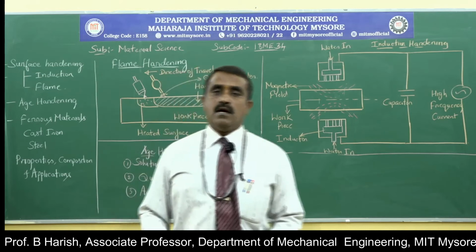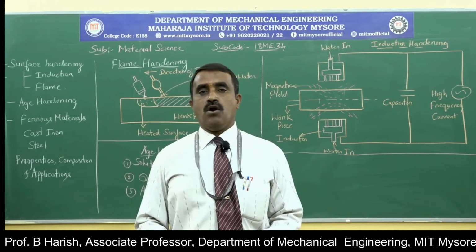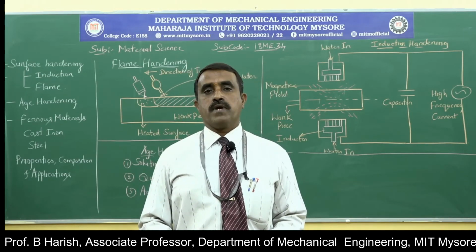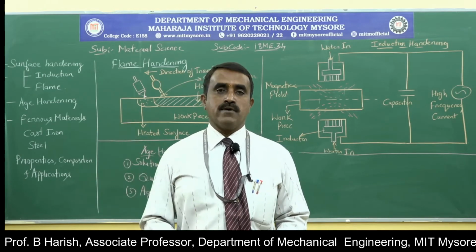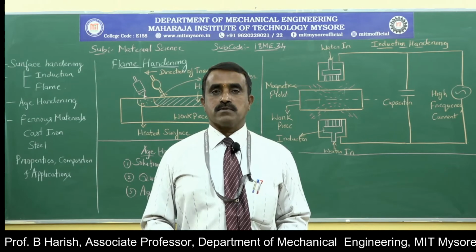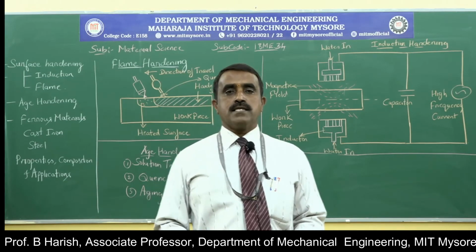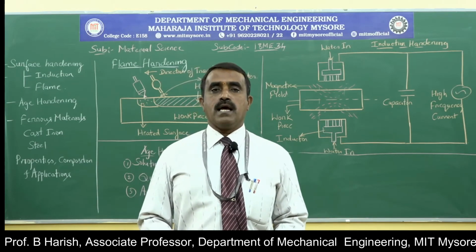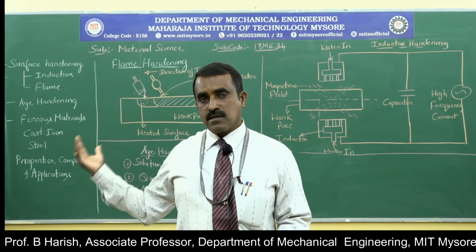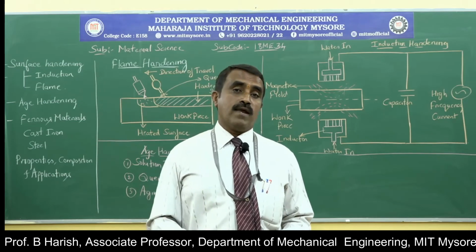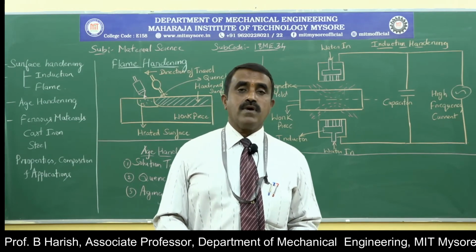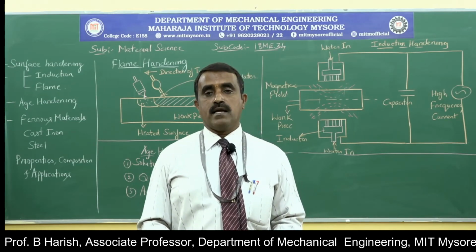The difference between these two types of surface hardening is the source of heating. We will discuss how hardening is done in each case, induction hardening and flame hardening. Starting with the first one, flame hardening.